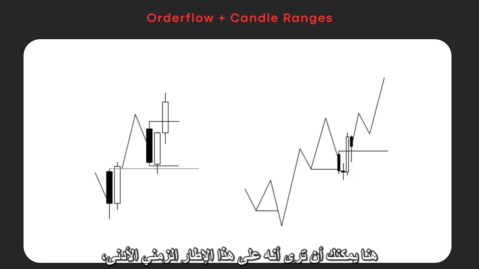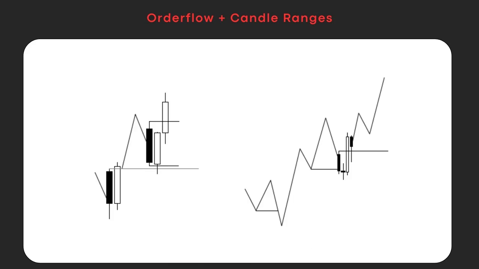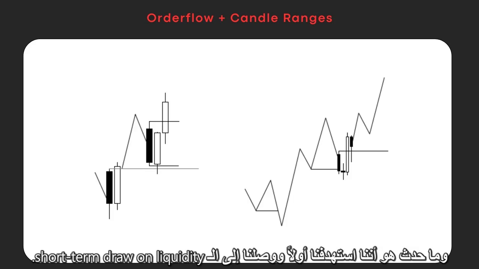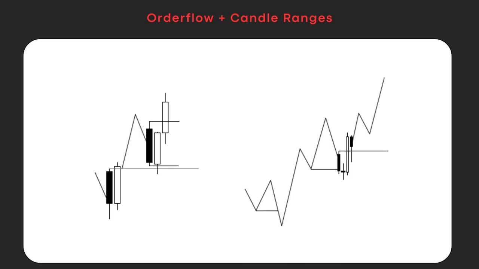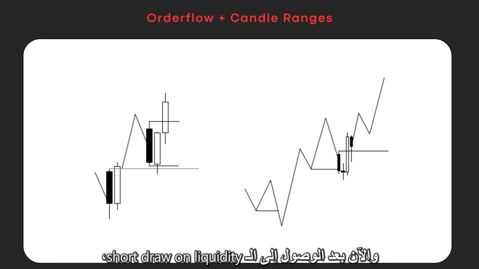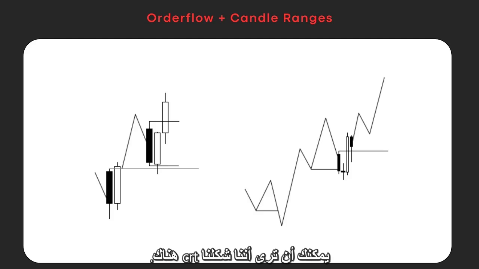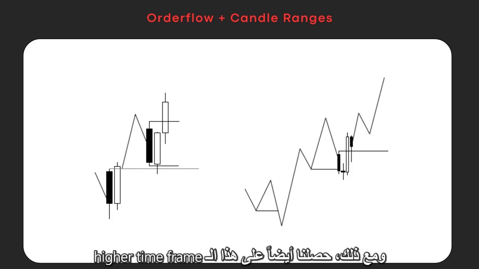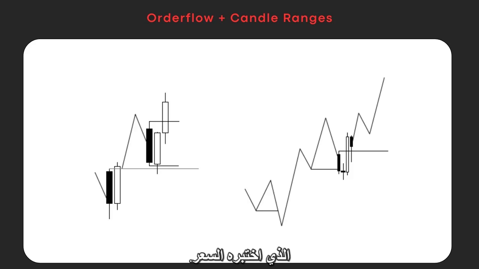For example, right here you can see that on this lower time frame we are in a bullish order flow, and what happened is that we first targeted and reached the short-term down liquidity, which is that we rejected below this low. And now that the short-term down liquidity has been reached, you can see that we formed a CRT there. And on the higher time frame, you can see that it's a lower time frame CRT within a higher time frame CRT, right? And with that, we also got this higher time frame order block that price tested.